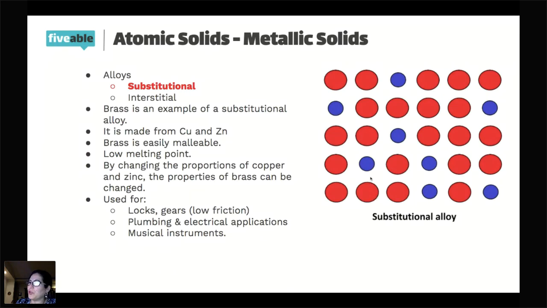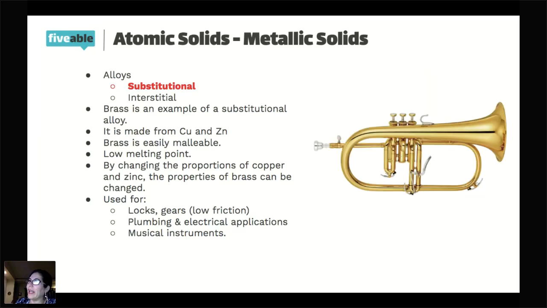And that's a substitutional alloy because the main component is copper, and zinc is introduced, whose atoms are similar in size to the atoms of copper, so we can change its properties as we substitute copper atoms with zinc atoms. Okay, and that's an example, musical instruments.